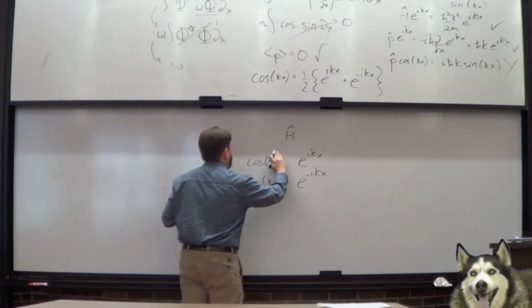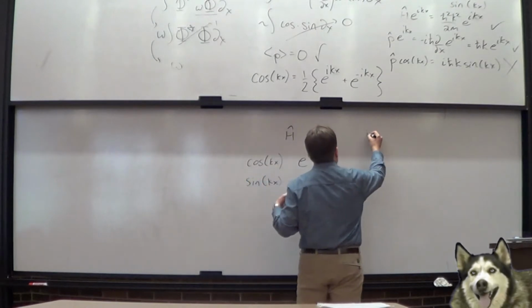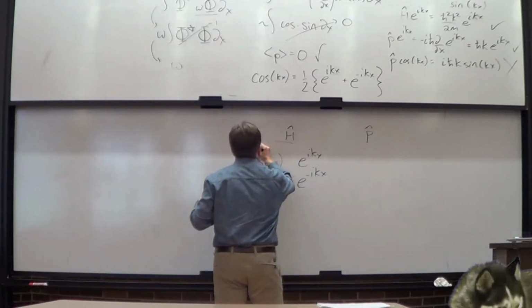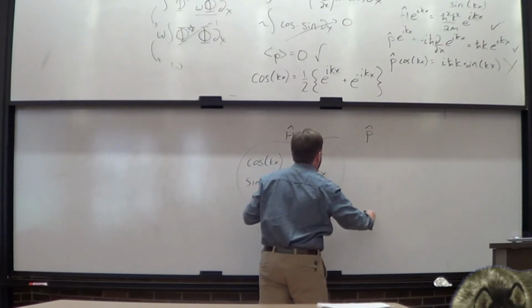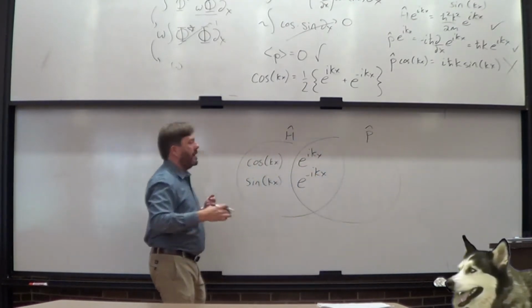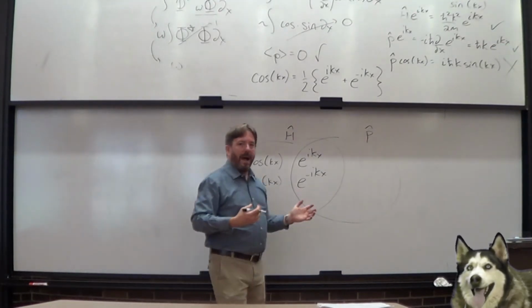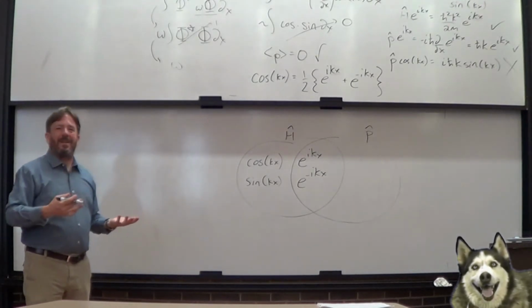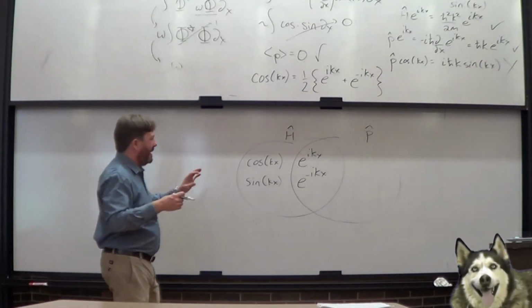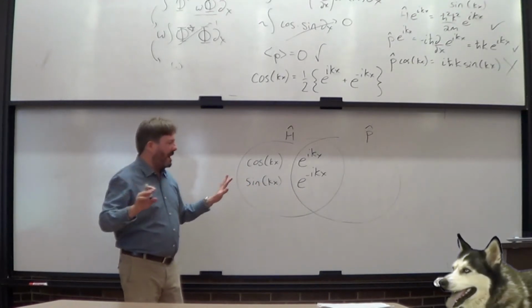And then we've got other operators that have their own eigenfunctions. And remember I kept saying this is a Venn diagram, they may or may not overlap. And that is where quantum is really kind of a pain in the rear. If this didn't happen, and this often happens due to the uncertainty principle, all of this would be way easier.